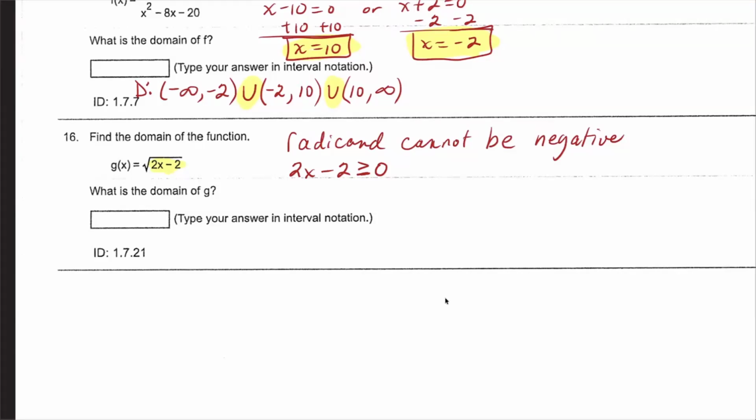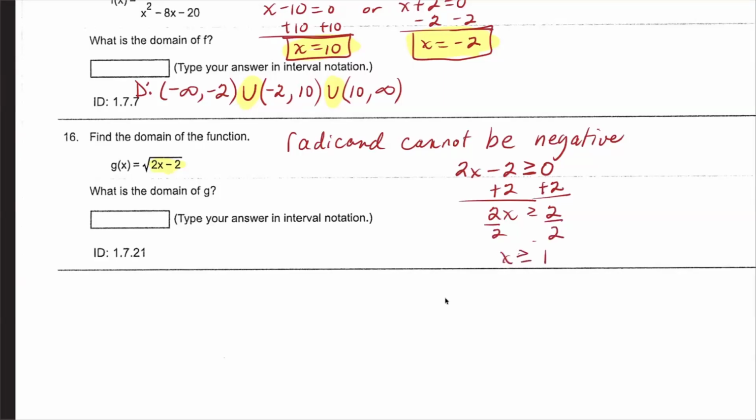So to solve an inequality, we do it the same way we do an equation, except if we have to divide by a negative or multiply. But right here, all we have to do is add 2 to each side. Then we get 2x is greater than or equal to 2. And then divide by 2 on both sides to get x is greater than or equal to 1.